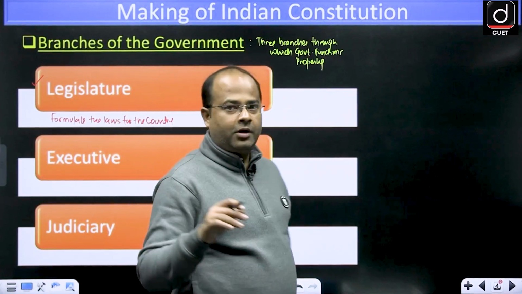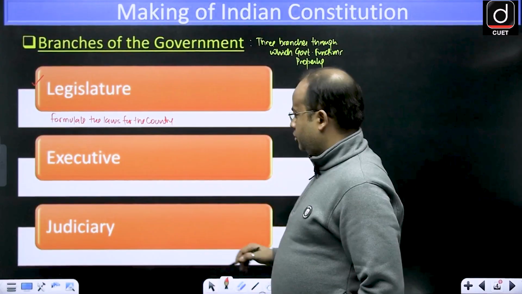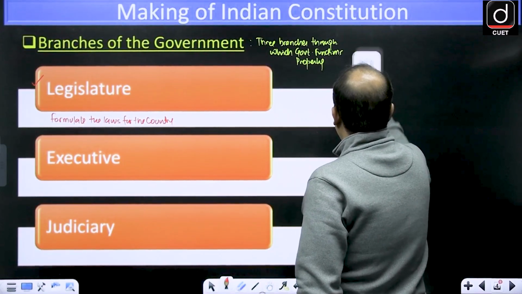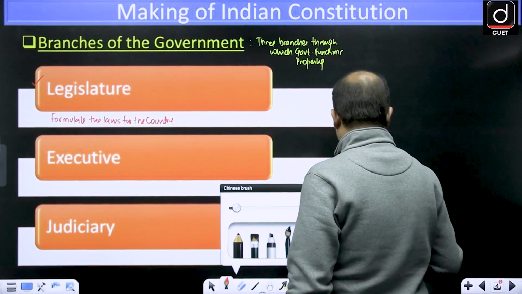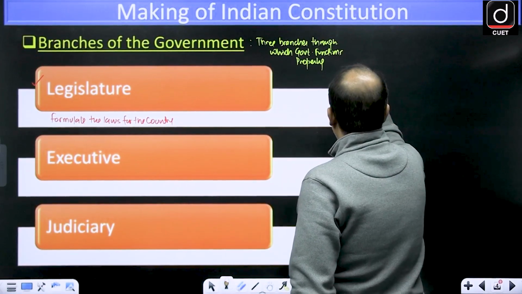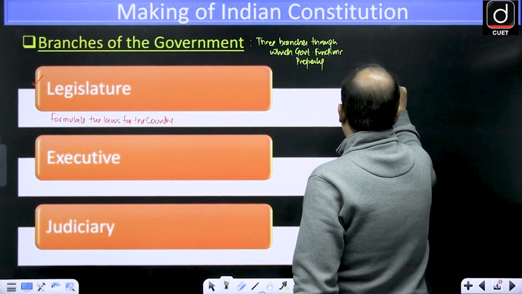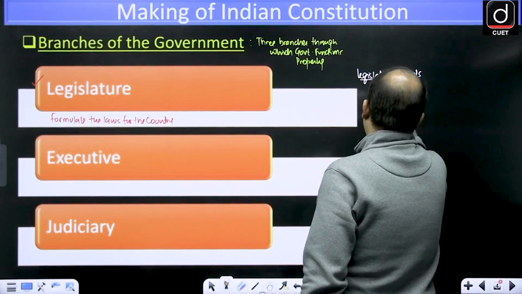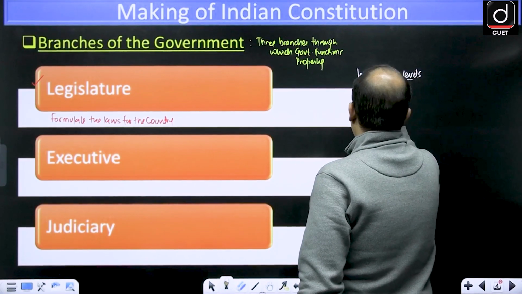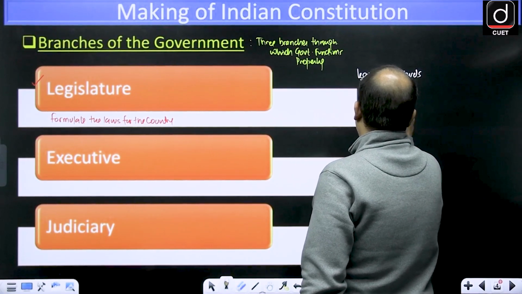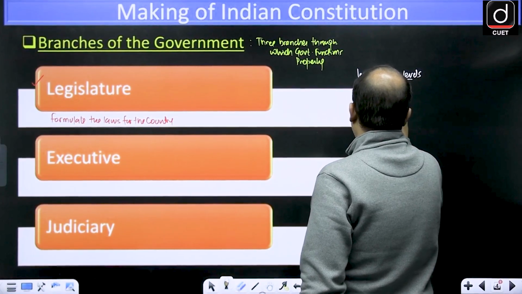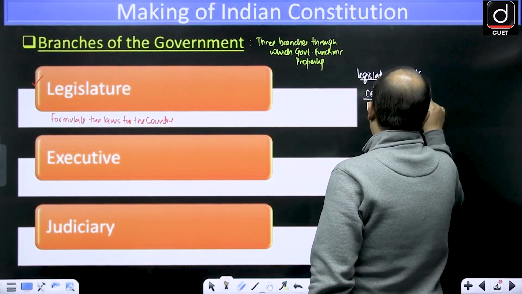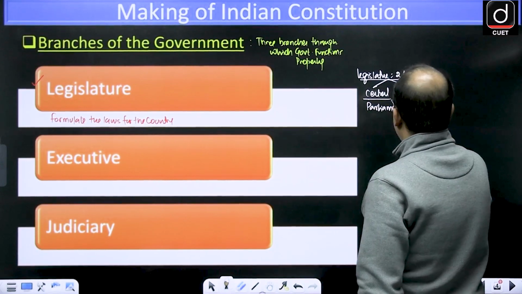And in India we have legislatures at two levels. One is central level, where we have parliament, and at state level we have the state legislature.